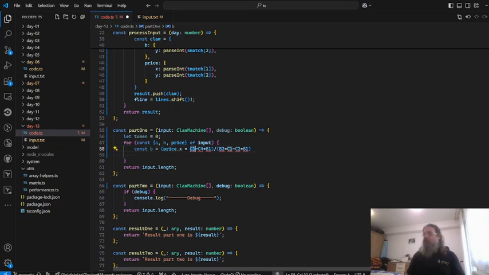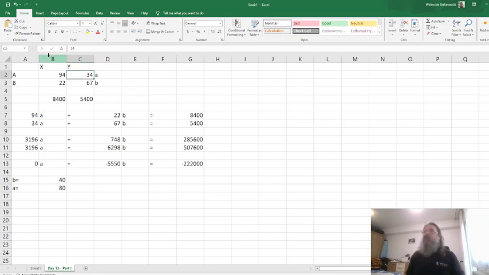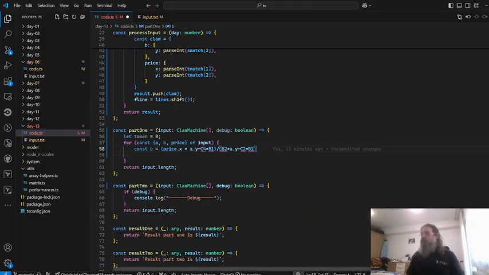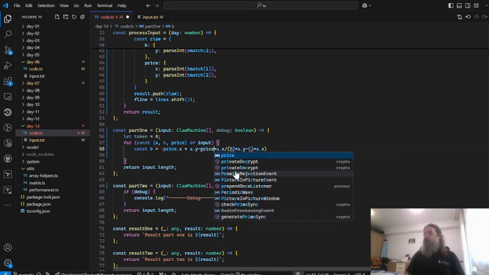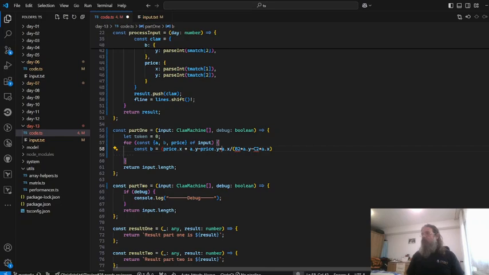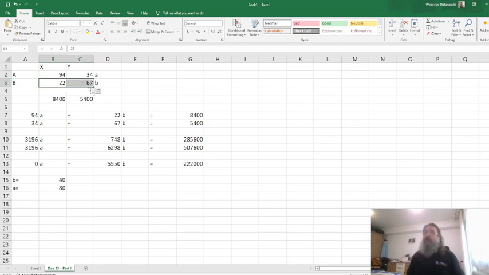Yeah, C1 is A.y. And then we have the first and the B column, that's A.x. We have C4, which is of course price.y, and we have B2 and C2, these two, which are B.x and B.y.